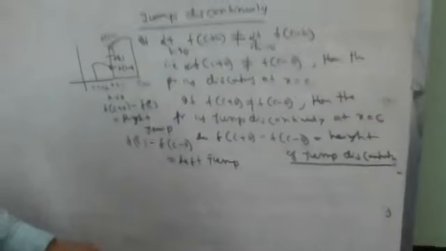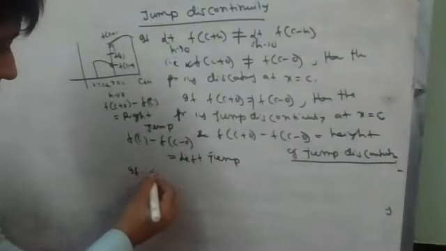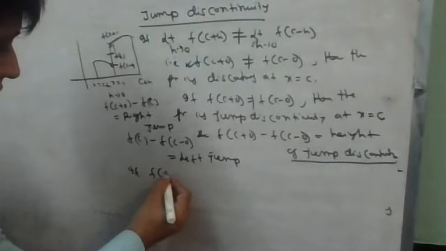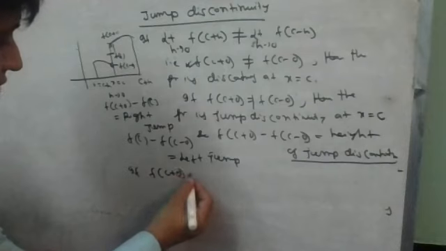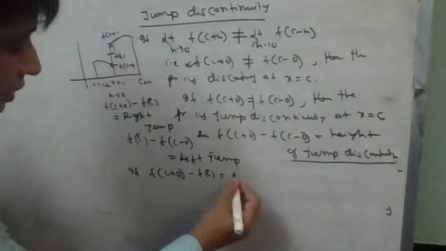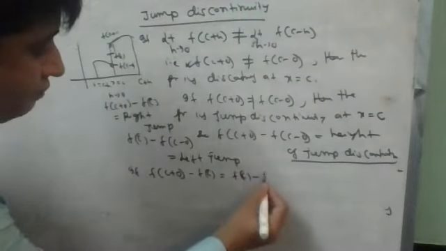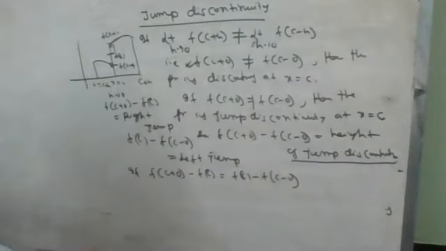Now, if this right jump discontinuity and left jump discontinuity become the same, then the function will be continuous.